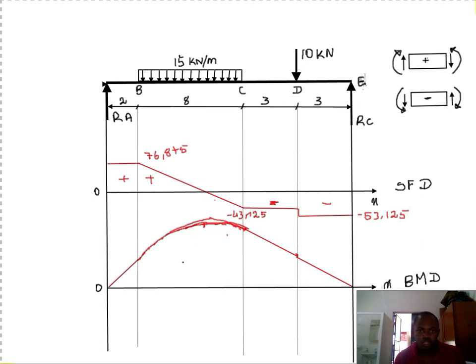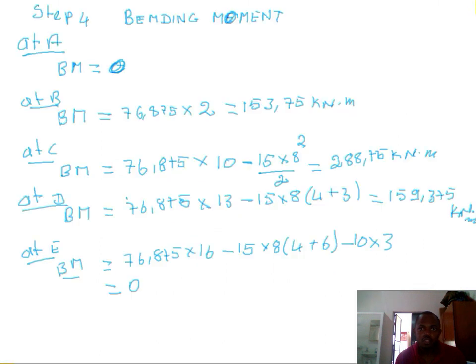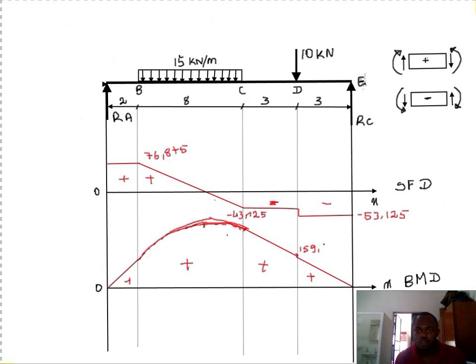So we're done with our diagram. This is plus, and it is plus. So that is done for now. Here's our bending moment. Here we got 159.375.